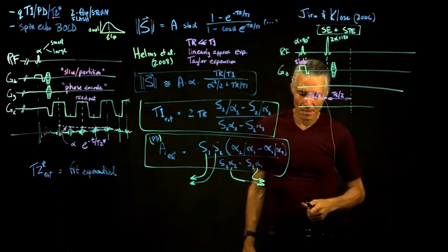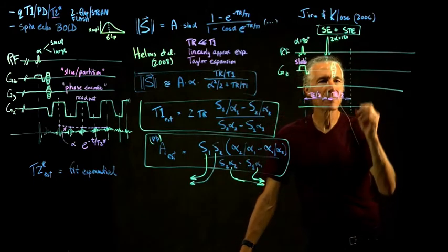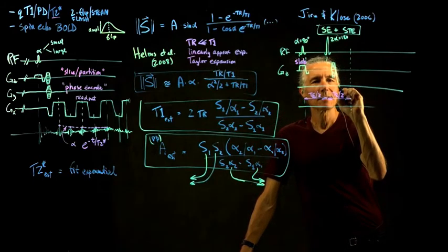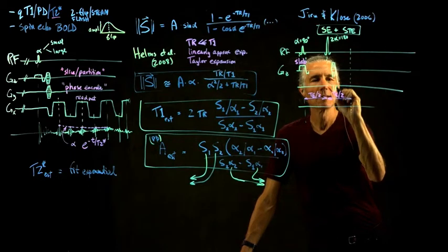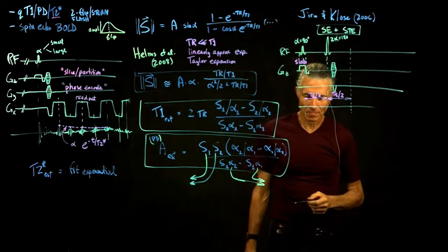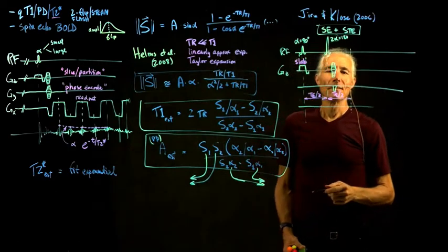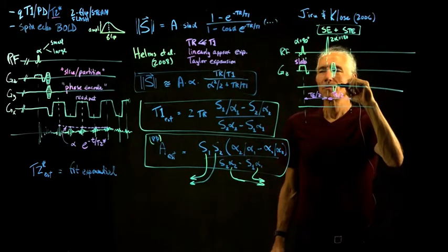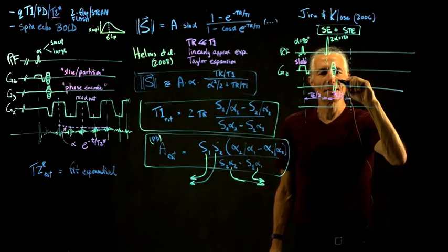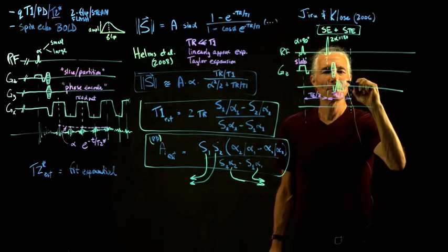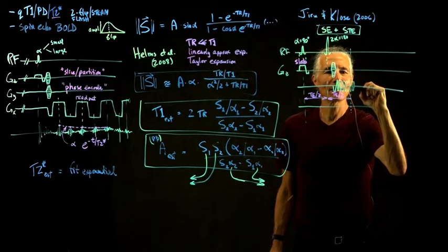But we need to collect some data. How do we collect data? We go to the corner of K-space here, and then we do a readout, where I'm jamming in 64 up and downs. So we go back and forth.